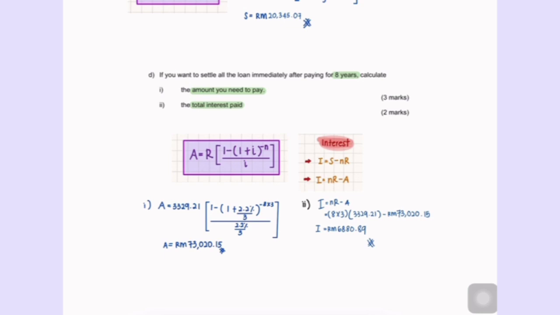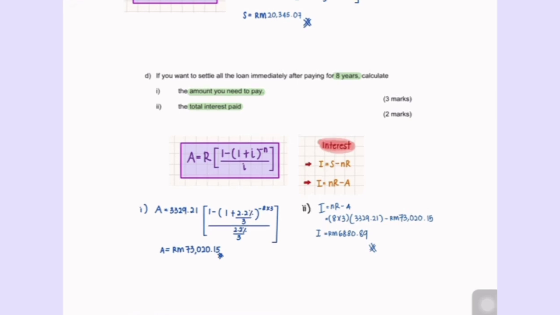R we still use the same amount, which is 3329.21. And we still use the same amount of I, but we change the amount of N, which is the answer as 8 years. So we change the T; T we change to 8. And then if you calculate, you will get RM 70,028.15.